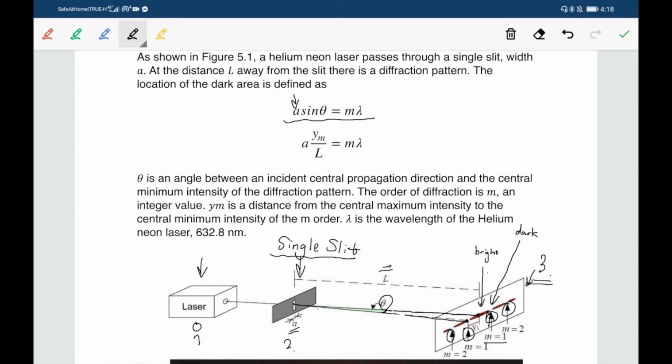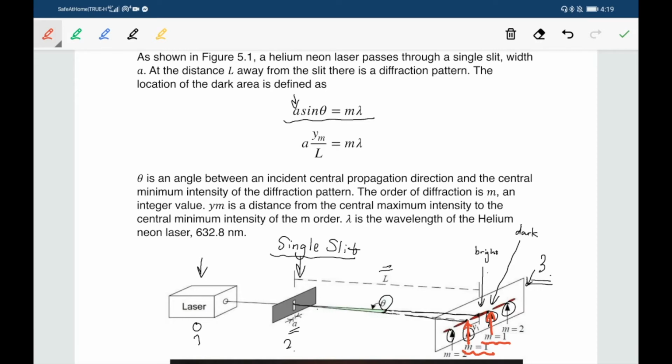Because we have two sides of dark fringes, we get two m equals 1 dark fringes, one here and one here. The dark fringes we can talk about later. So in this equation, a times sine theta equals m lambda, where lambda is the wavelength of the light, this laser wavelength.